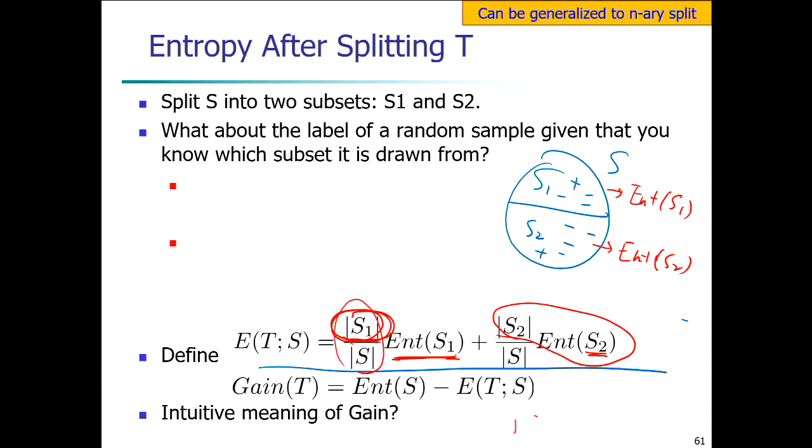Finally, because S equals S1 plus S2, if you do the math, it's almost like an average. If you randomly draw a ball, there is S1 over S probability that it comes from the first set, and hence the entropy you get is entropy of S1, and with 1 minus that probability, it comes from S2, and you will get a value of entropy of S2.